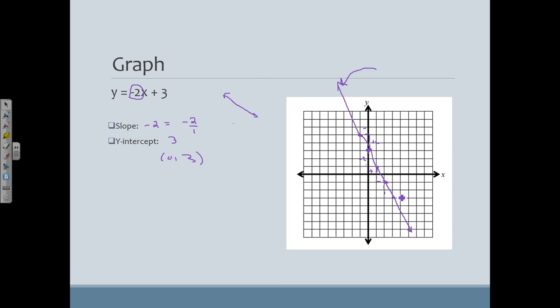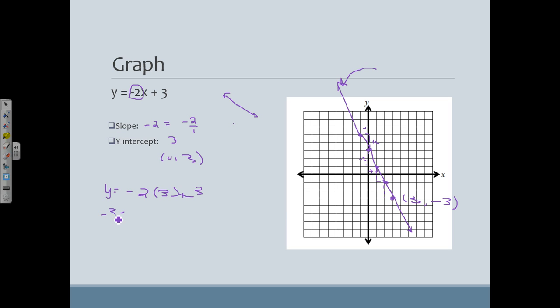So if I picked, say, this point right here, and I know that point is (3, negative 3), what I mean by saying it works is if I put it into the equation, y equals negative 2 times 3 plus 3, I'm going to want our y value to be negative 3.